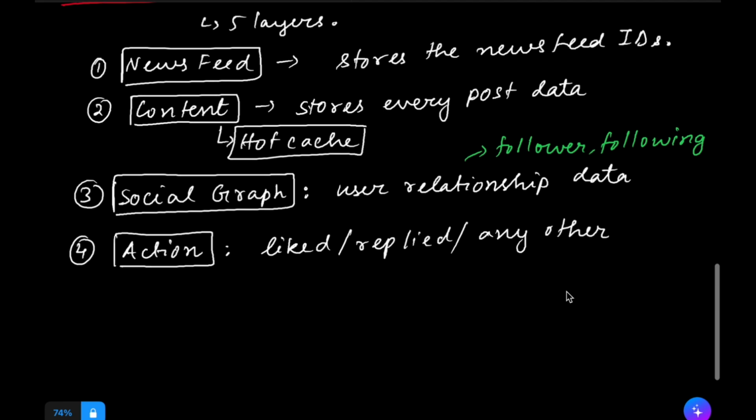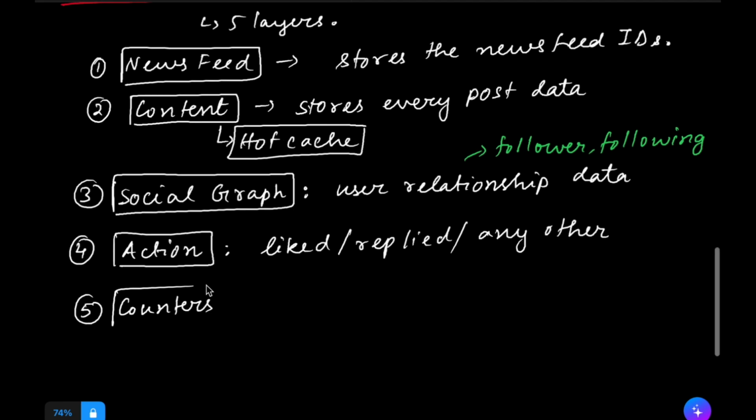The fifth and final layer is the counters. Counters store the number of likes on a particular post or the number of replies to a particular post, and various other counters like the number of shares and the number of followers and following.